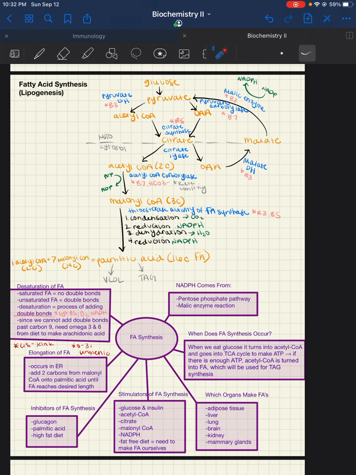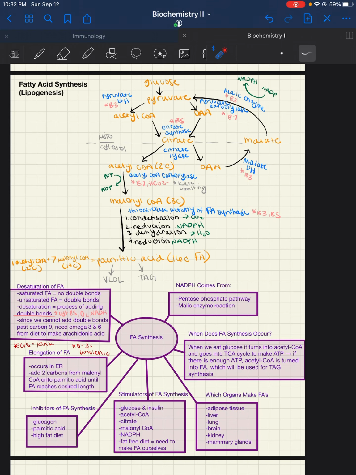Over here, I forgot to mention that the oxaloacetate's going to turn into malate, and malate's going to turn into pyruvate. Malate dehydrogenase is doing this reaction, and malic enzyme is doing this reaction. Malic enzyme is producing NADPH, which is used in these reactions.